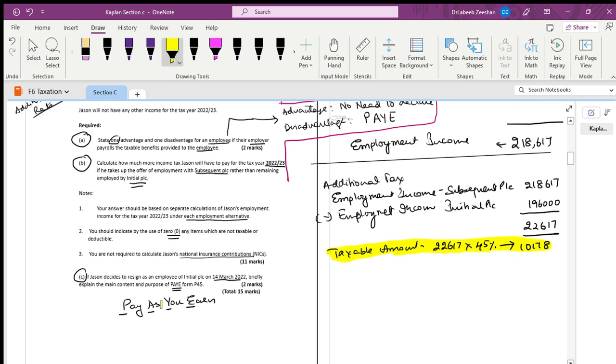Mr. Labib, in this question, we don't have to use the personal allowance, and we mention a 0. They didn't ask anything now. Sorry? They didn't ask anything now. You should see what they say: calculate how much income tax Jason has to pay for the tax year if he takes the offer of employment.